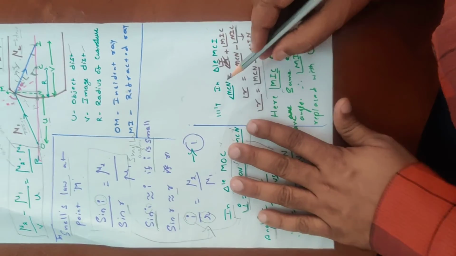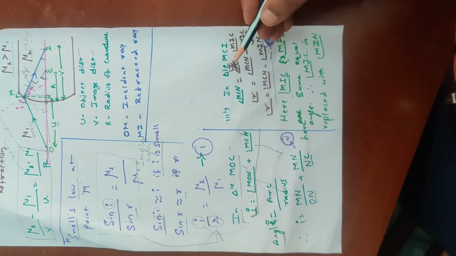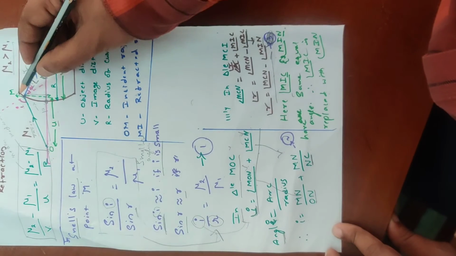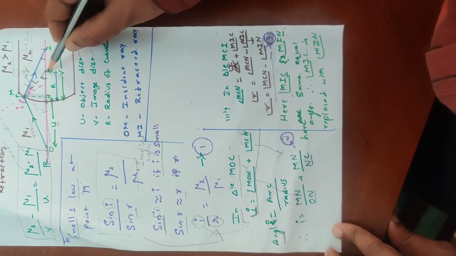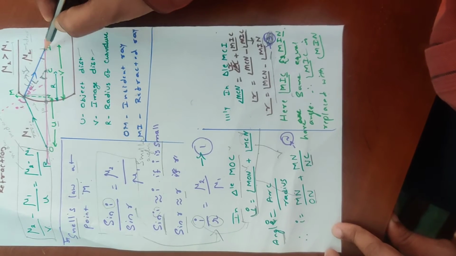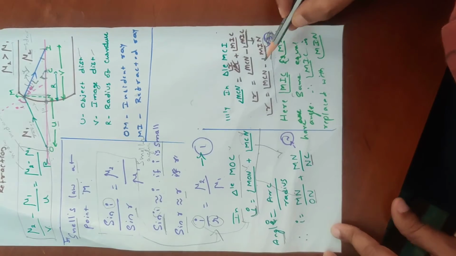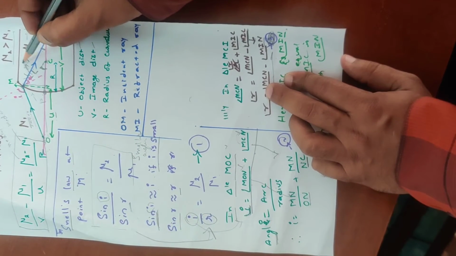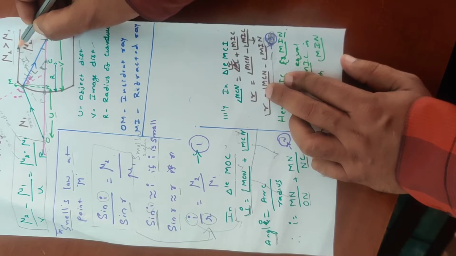Similarly, I take another triangle, MCI. Here the angle is r, the angle of refraction.